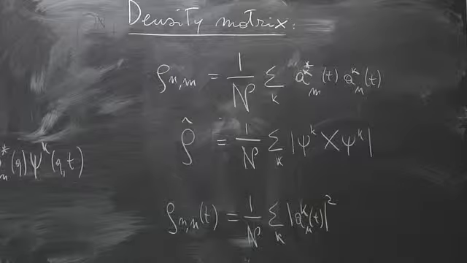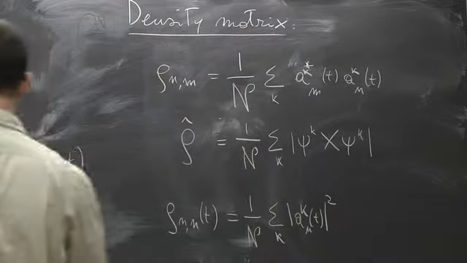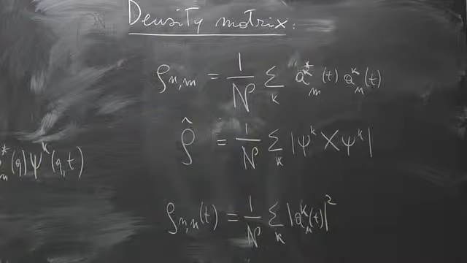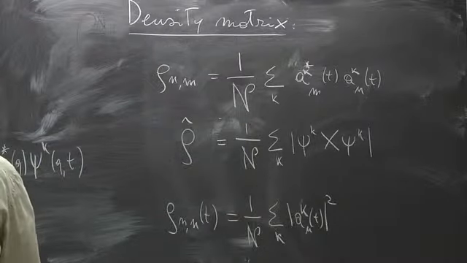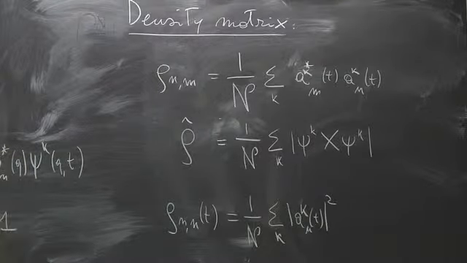Now, what are the properties of this density matrix? One property is that, since the states are a complete orthonormal basis, the sum over all the states of the amplitudes modulus square must be equal to 1.